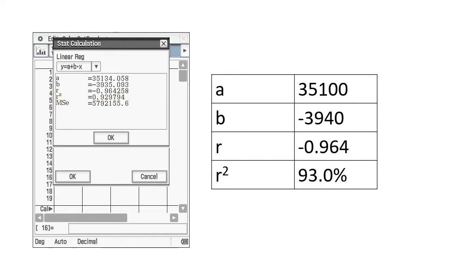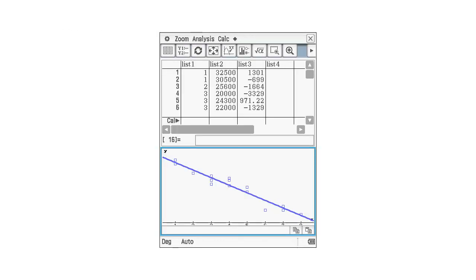And with the wonders of technology, it now looks beautiful in a typed format. We're going to keep those values in the corner as we talk about our report, and maybe some screenshots of what's happening with the calculator as well. When you get out of that, you can obviously see the graph. It automatically puts that up for you. And we can definitely see this downward negative trend.